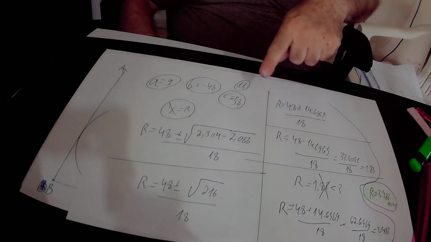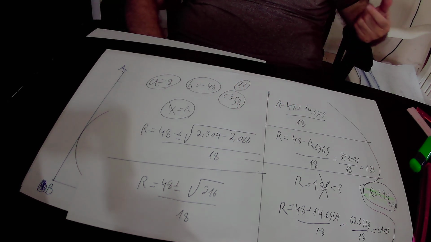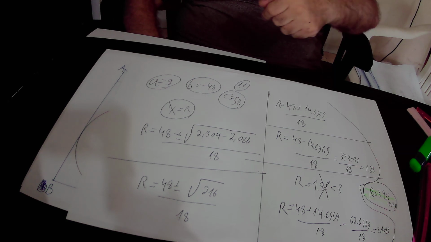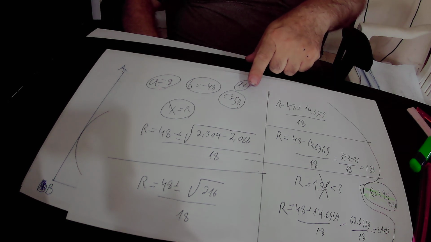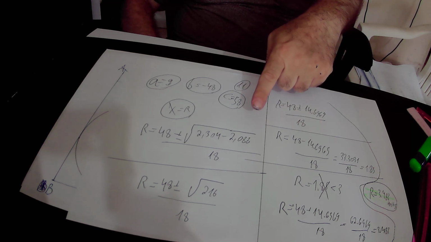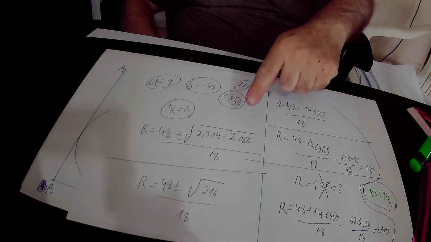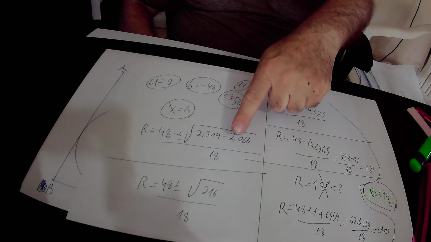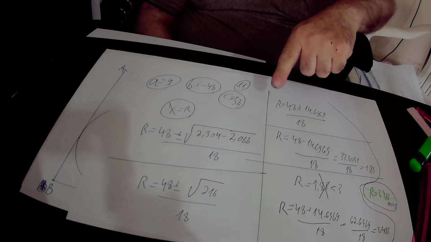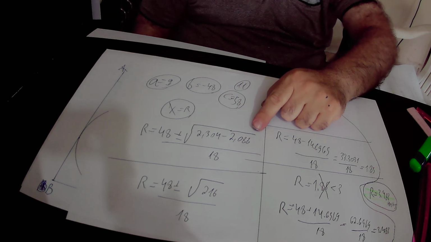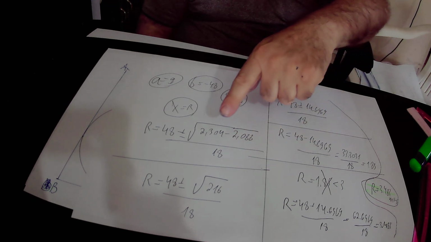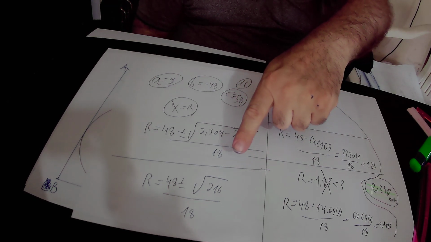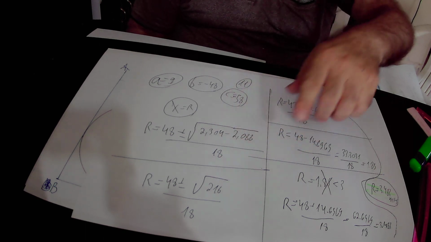Minus 4 times a, which is 9, so minus 4 times 9, is minus 36, and minus 36 times c, that is 58, is equal to minus 2088, over 2a. a is 9, so 2a is 18. And 2304 minus 2088 is 216. So in conclusion, we found out that R equals 48 plus minus square root of 216 over 18.